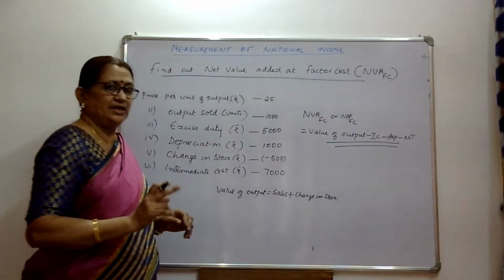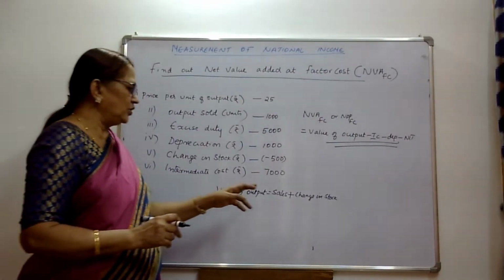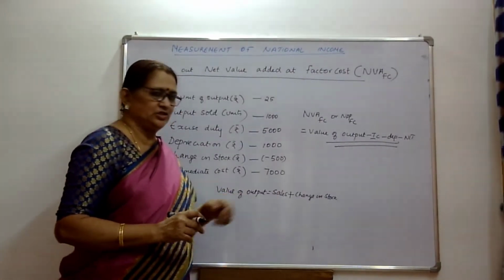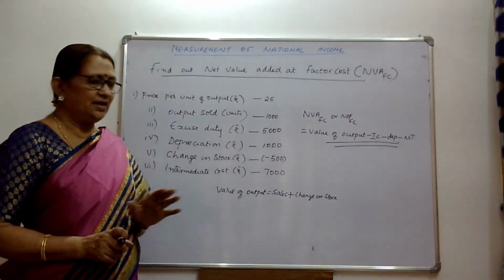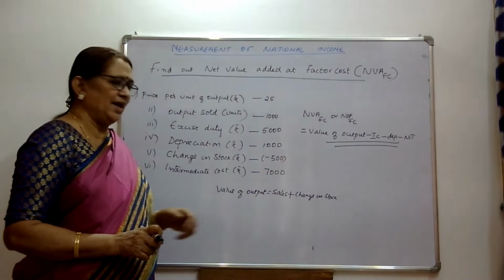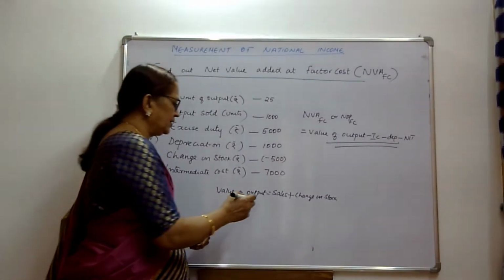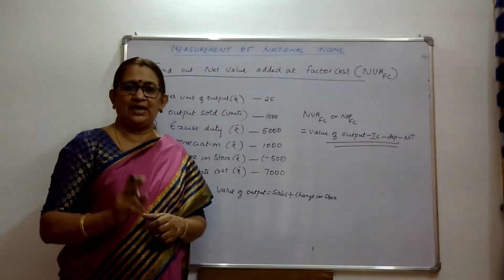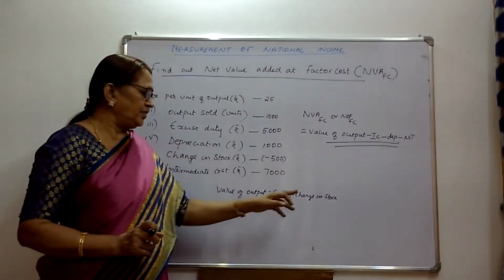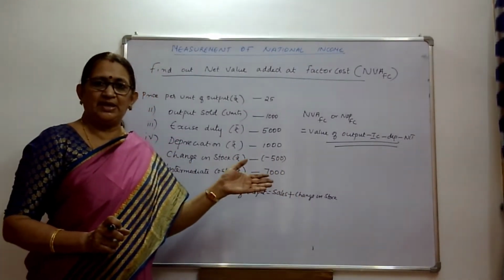This I have already explained in the previous class. So sales plus change in stock. How can we calculate sales? By adding these two, we will get value of output. So what is change in stock? Closing stock minus opening stock. Kindly refer my previous video.